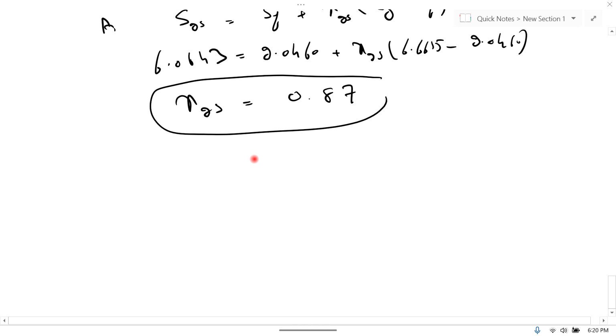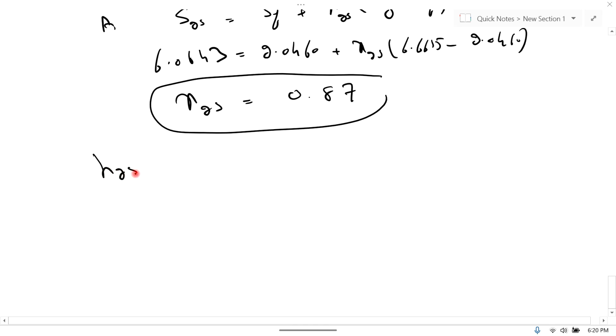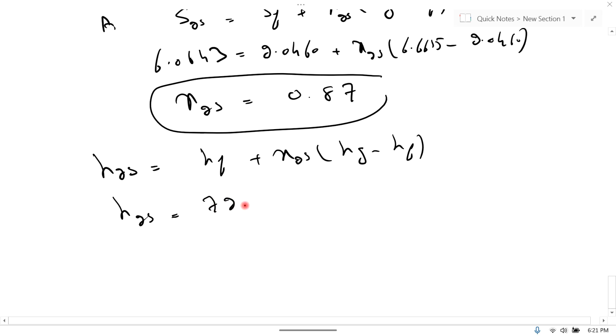Now you can easily find h2s. h2s is equal to hf plus x2s into hg minus hf. So h2s is equal to, the value of hf is 721.02, x2s is 0.87, the value of hg is 2768.3 minus the value of hf, 721.02.